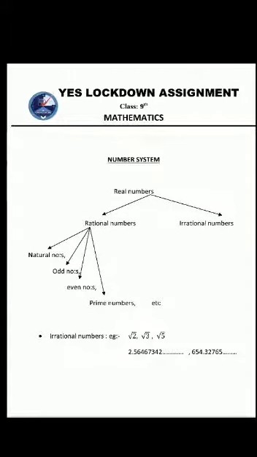Root of 2, root of 3, root of 5, all are irrational. Another example is non-terminating, non-repeating decimals. These two are the irrational numbers. All other numbers are rational: natural numbers, whole numbers, odd numbers, even numbers, prime numbers.